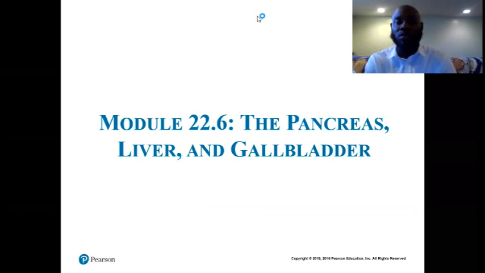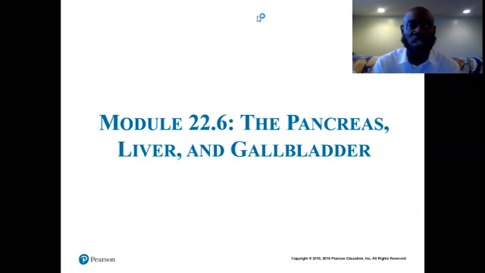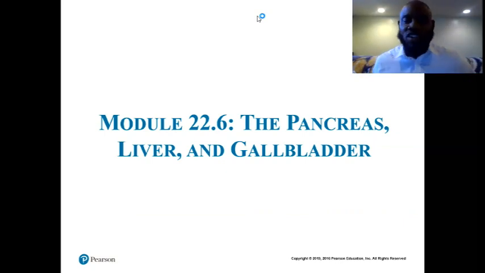We have a couple of other organs, which we have listed here: the pancreas, liver, and the gallbladder, which play an important role in digestion. But food per se, they're not technically on the pathway. They're connected to it, but they're not in the lumen, the canal that the food directly passes through.